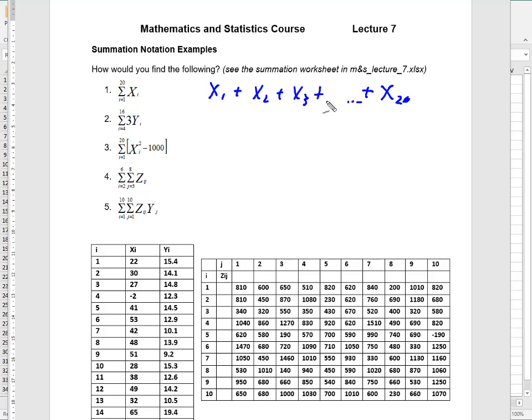So x1 plus x2 plus x3 all the way up to x20, just written in a nice short form like this. So that's what we're going to try and find out. And hopefully that one will be a very easy start.